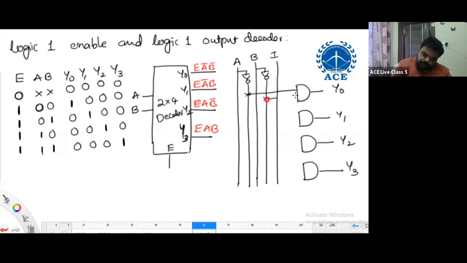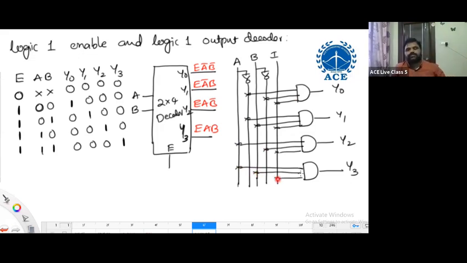Inputs are A bar, B bar, E; A bar, B and E; A, B bar and E; and A, B and E. These are outputs. No need to implement if you are understanding; I am simply writing the circuit also.